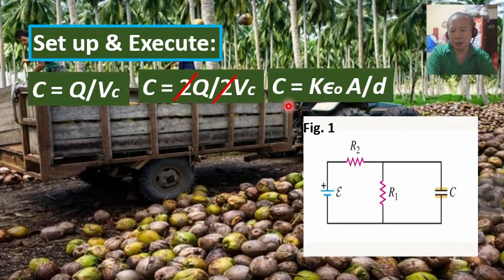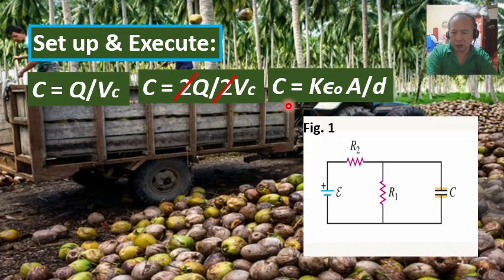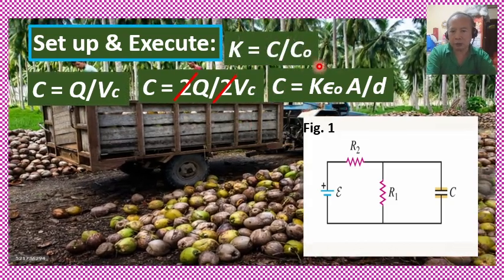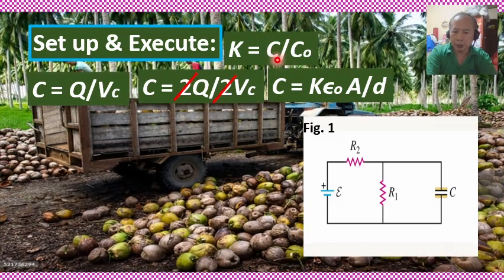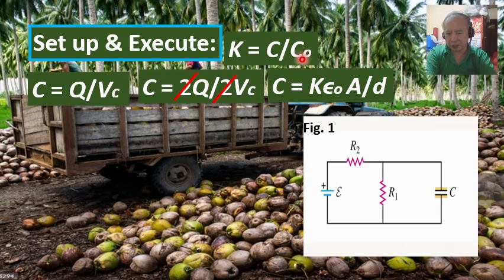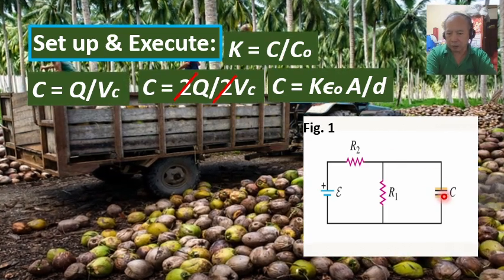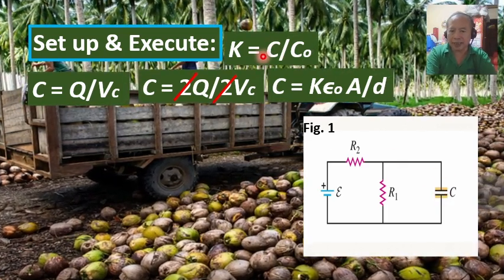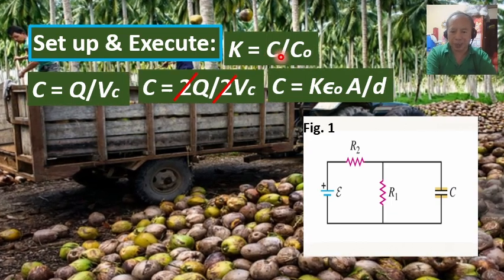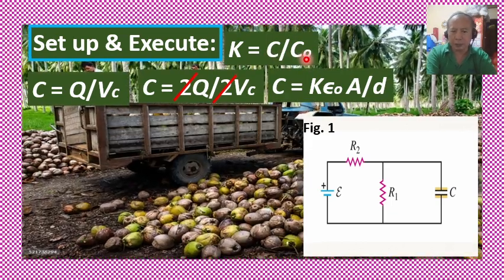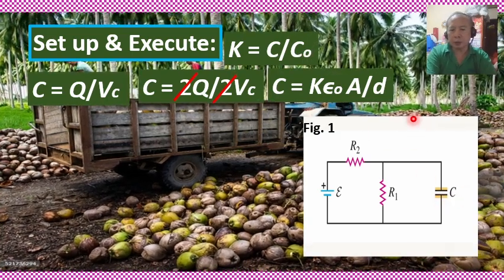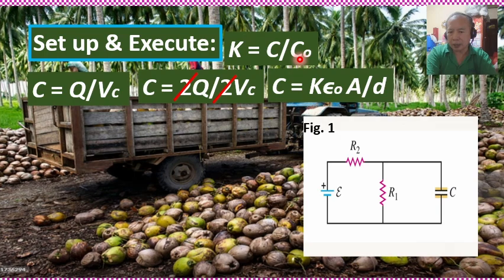This constant, also known as the dielectric constant kappa, is actually a ratio of two capacitances. The one in the numerator represents the capacitance of a capacitor with a dielectric or an insulating material placed between the two charge plates, while the one in the denominator is the capacitance of the same capacitor but without a dielectric.